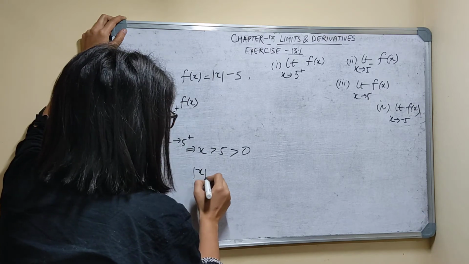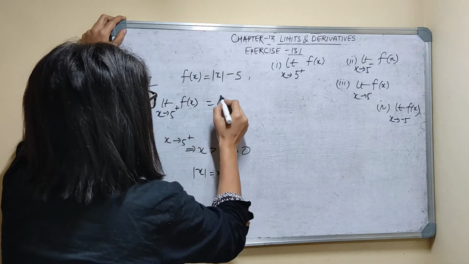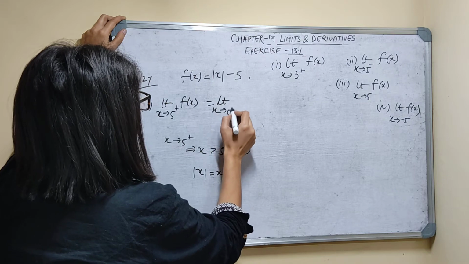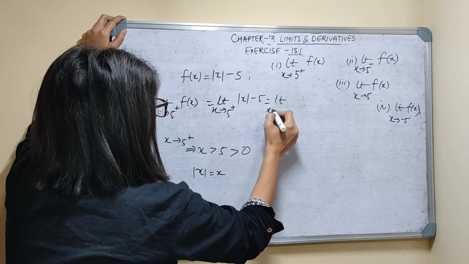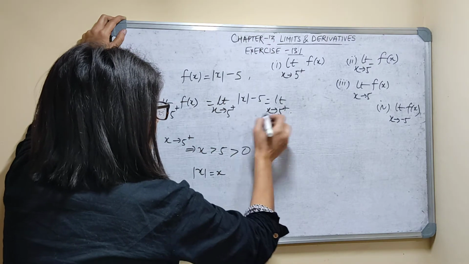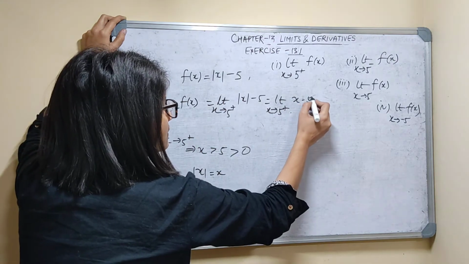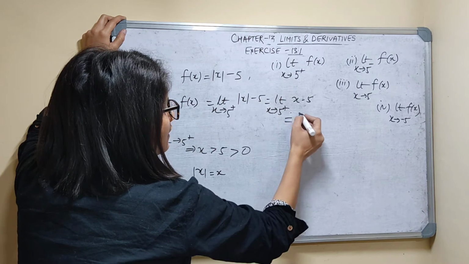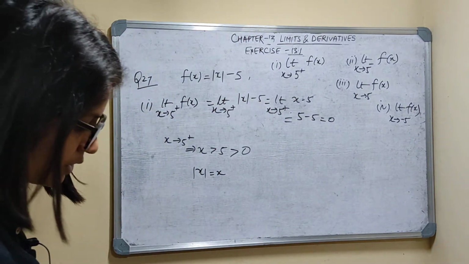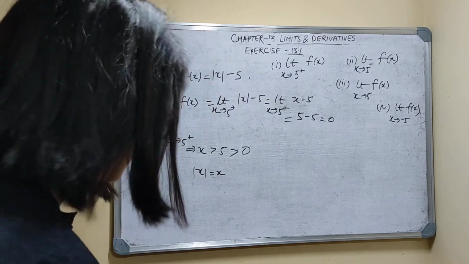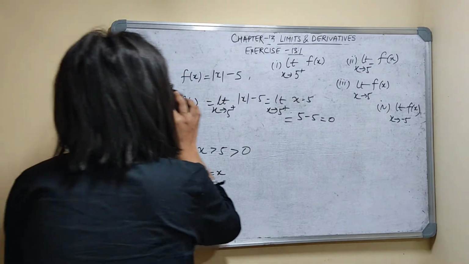So obviously mod of x is equal to x. So I can write limit x tends to 5 plus f(x) is equal to mod of x minus 5, that is x minus 5. I will substitute value 5, 5 minus 5, that is 0. So the first answer is 0. Is it clear? Now second.